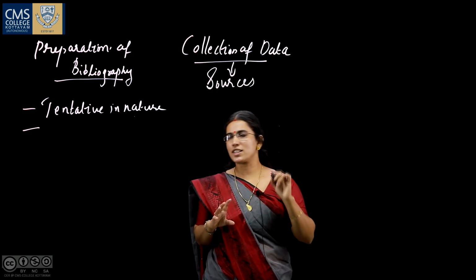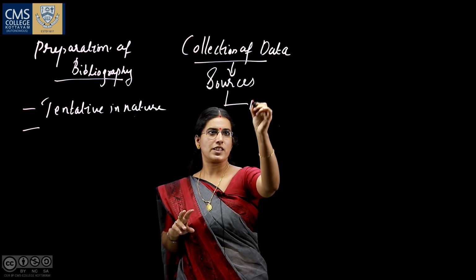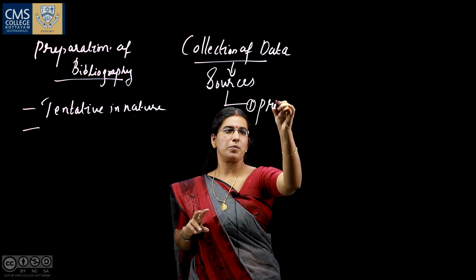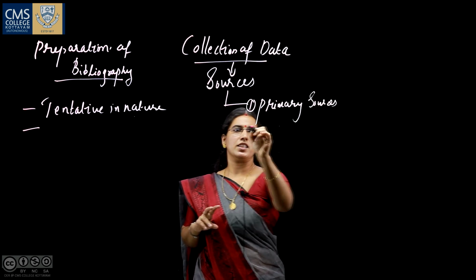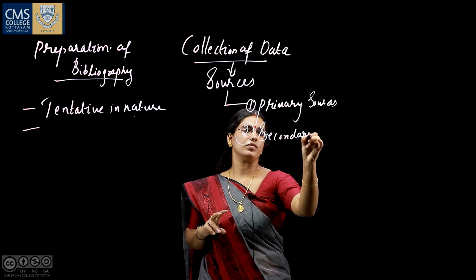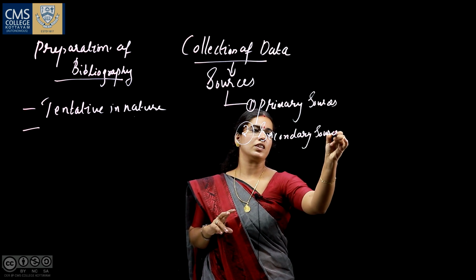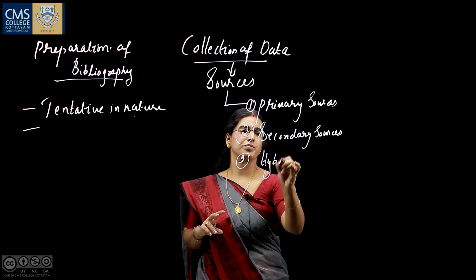In historical research, there are three kinds of sources. The first kind is primary sources, the second is secondary sources, and the third is hybrid sources.